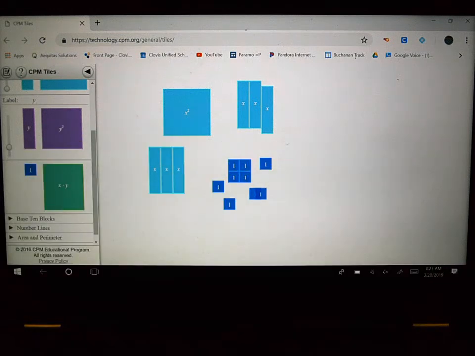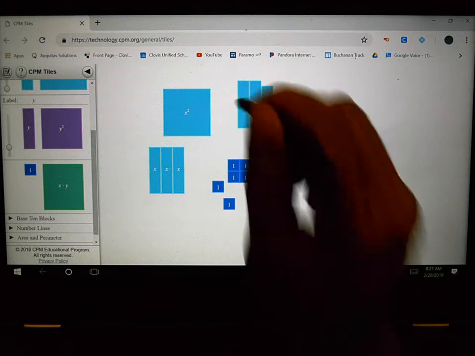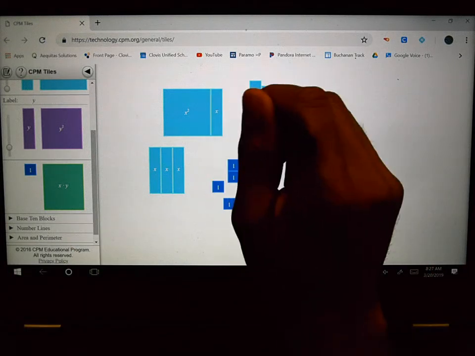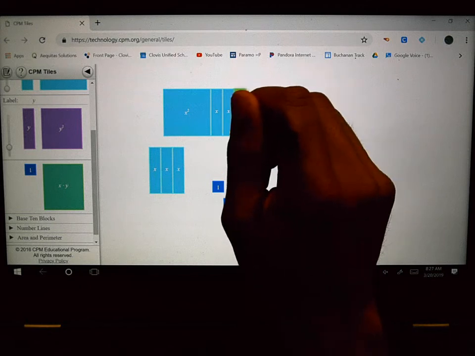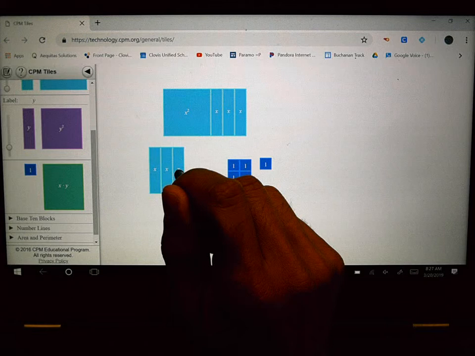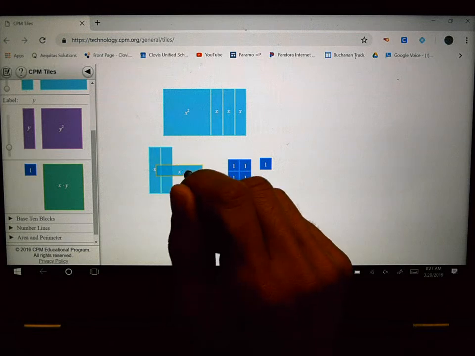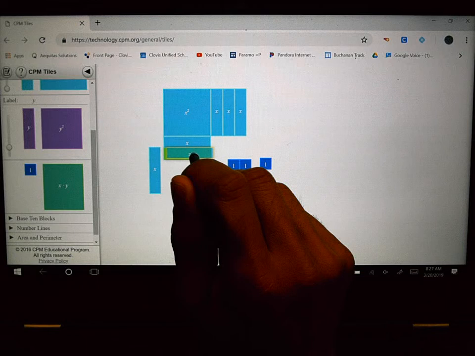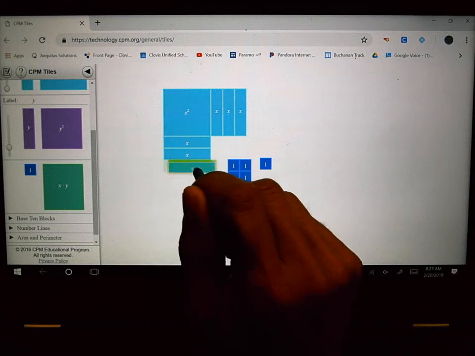Now I'm going to rearrange them just a little bit. Before you go to draw these things on your paper, I'm going to show you what this looks like. And I'm going to do something that maybe wouldn't come naturally to you. I'm going to double click this and turn it that way. Double click. Turn it that way. Double click.